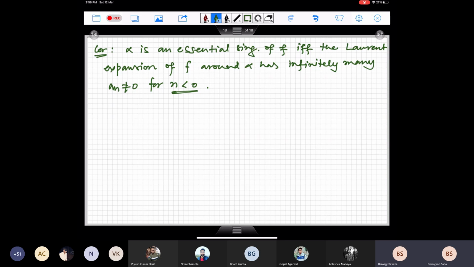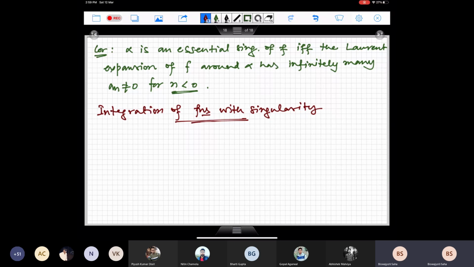Let me now write: integration of functions with singularity. The main focus will be polar singularity here, as we shall see, because somehow we want to use the Laurent expansion and talk about the integral.